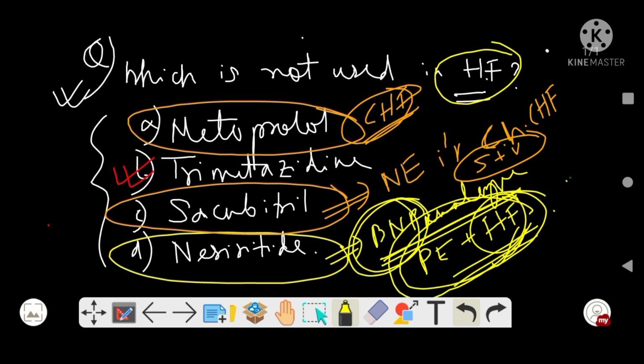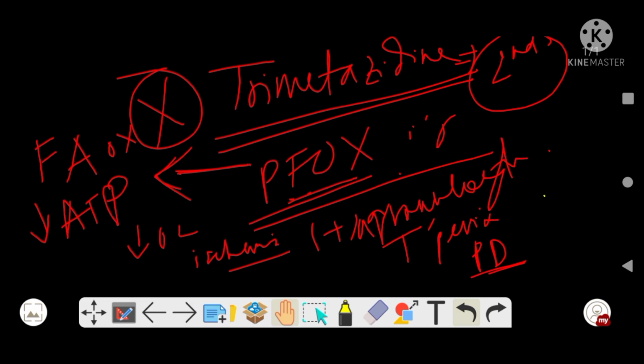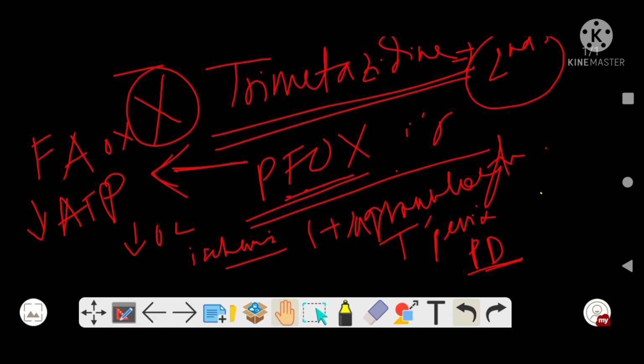Sacubitril is a neutral endopeptidase inhibitor. It is used in chronic congestive heart failure. The combination that is used is sacubitril plus valsartan. So definitely it is used in heart failure. Metoprolol is a beta blocker and is used in heart failure. Now the option that remains is trimetazidine, which is your answer, because trimetazidine is a partial fatty acid oxidase inhibitor.